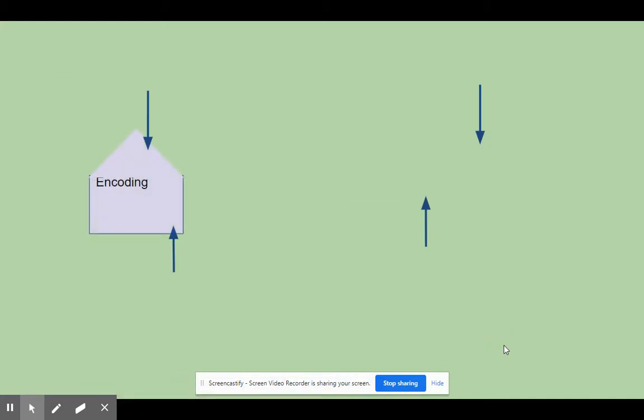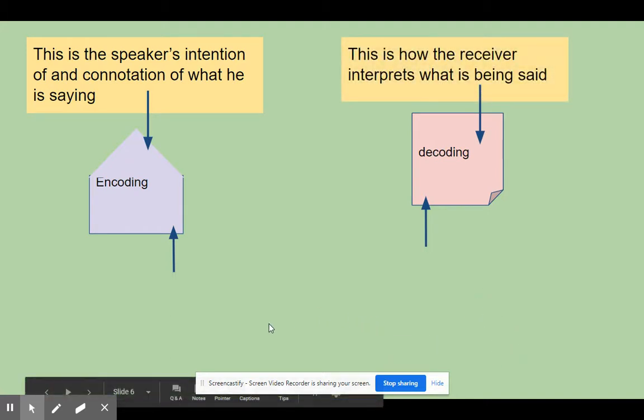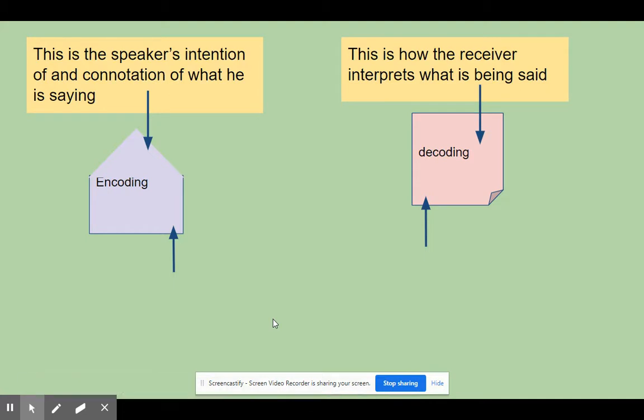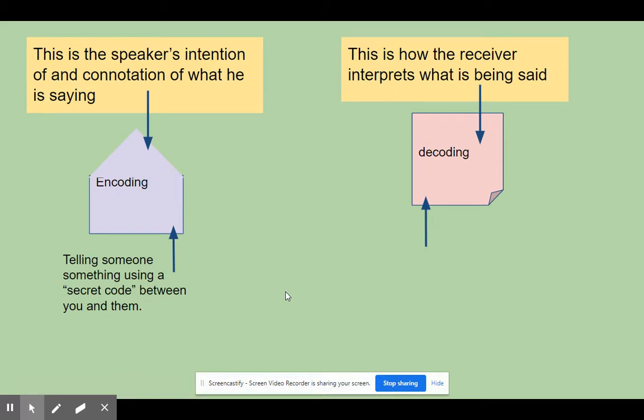So we can also look at encoding and decoding. Encoding is the speaker's intention and connotation of what he is saying, and decoding is how the person perceives that message. So if the person asks if he likes ice cream, and he doesn't know that ice cream is a code word for something else, then we're going to have a problem.